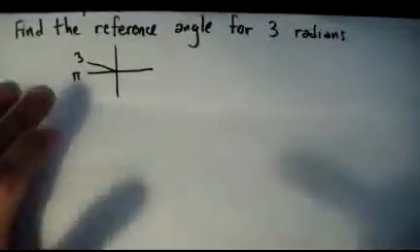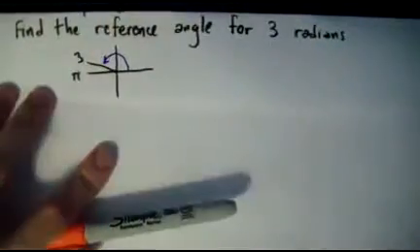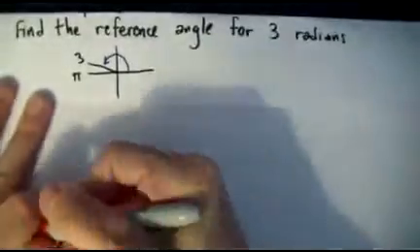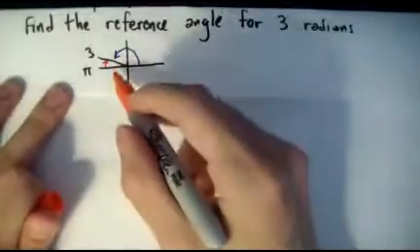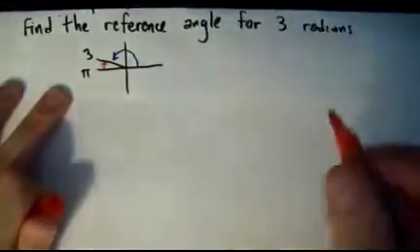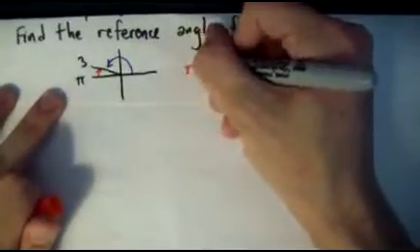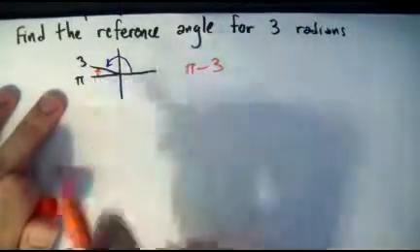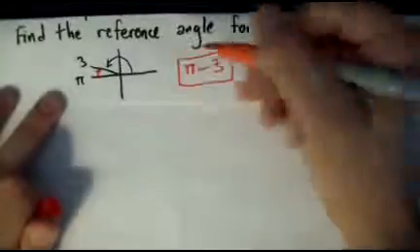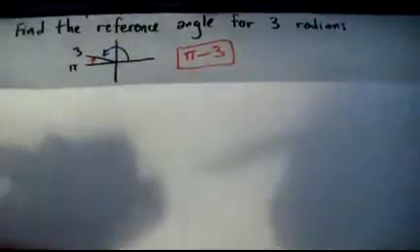To figure out our reference angle, our full angle is here, and the reference angle is that little bit it falls short of coming to full pi. So in this case, it'll be pi minus 3. That'll be how much that little angle there is, so roughly 0.14.